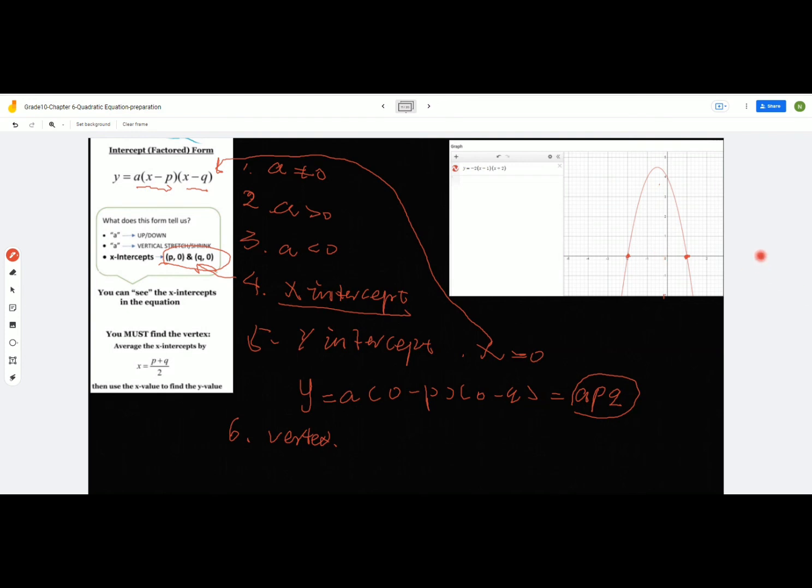So x equals (p plus q) over 2. This is the x value of the vertex. How do we find the y value of the vertex? Just substitute this x value into the equation, and then we get the y value of the vertex. That's very easy, right? So that's it. Thank you for watching.